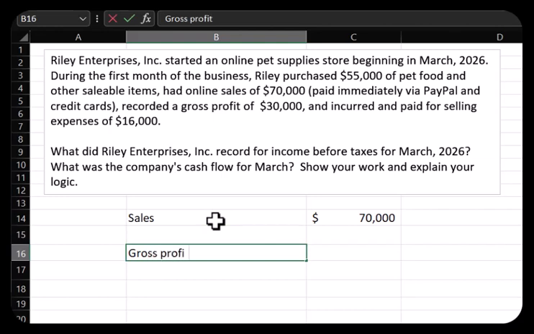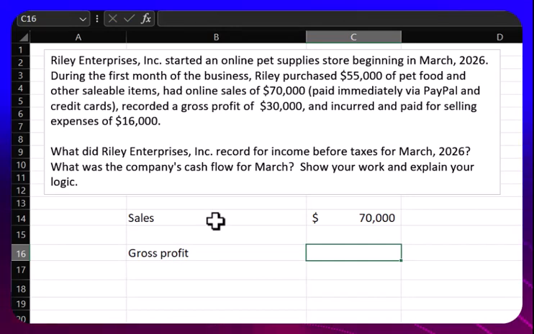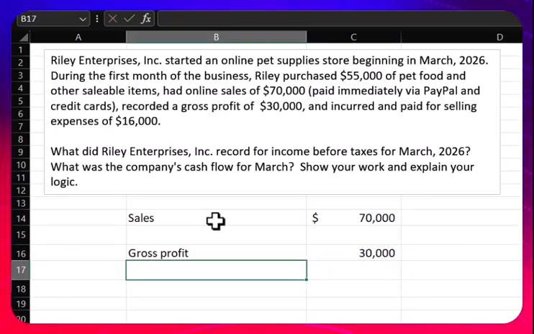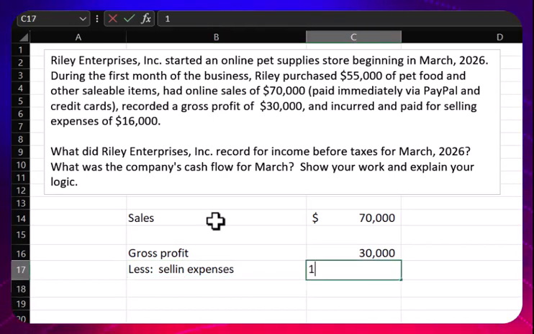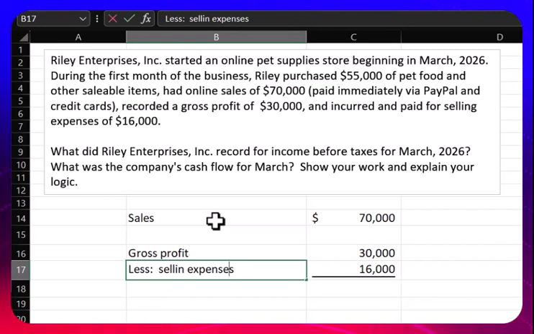They gave us that. And gross profit was equal to $30,000. So we'll put that in. And then they also told us that we had selling expenses of $16,000. I got to spell that right.